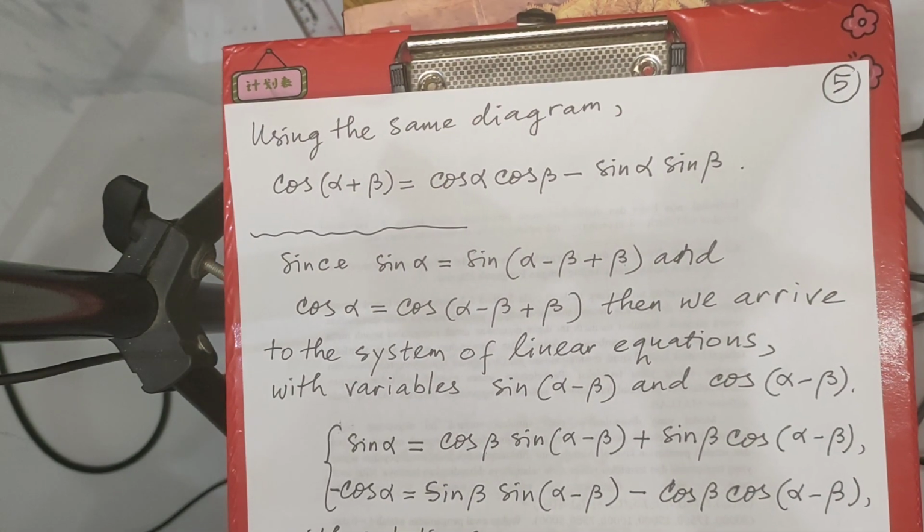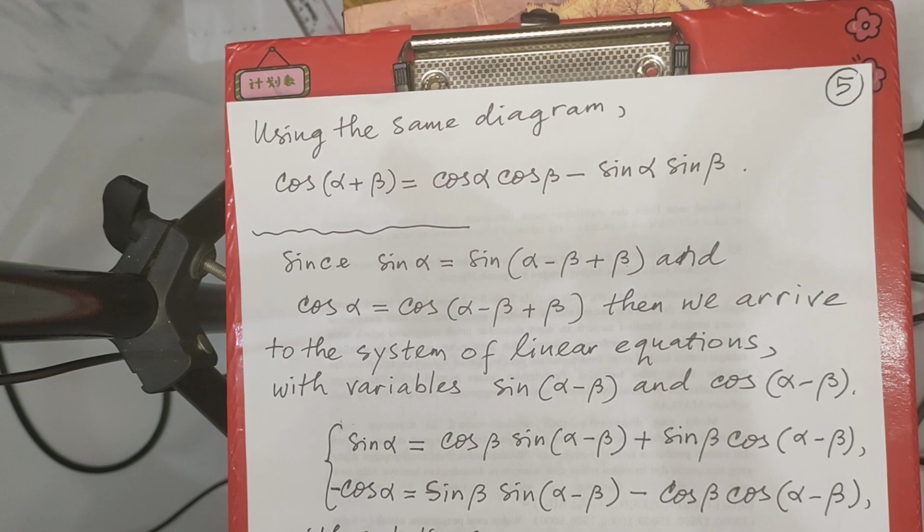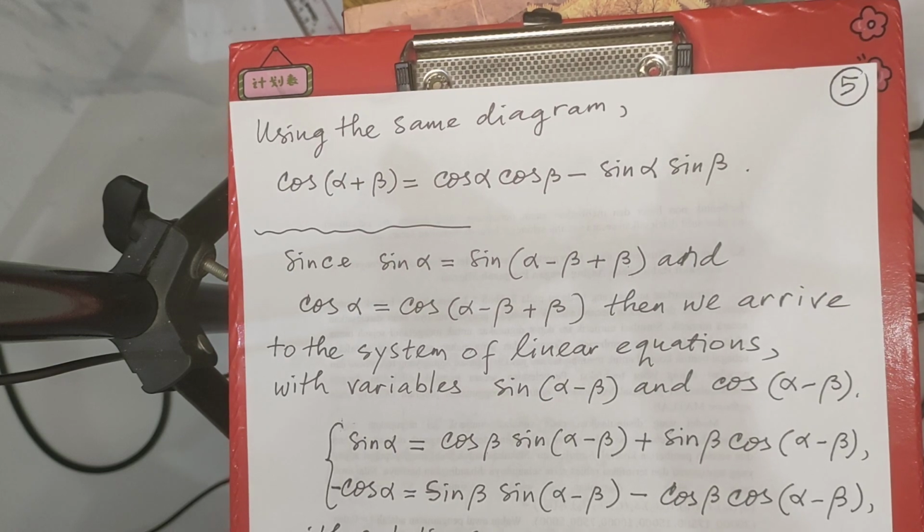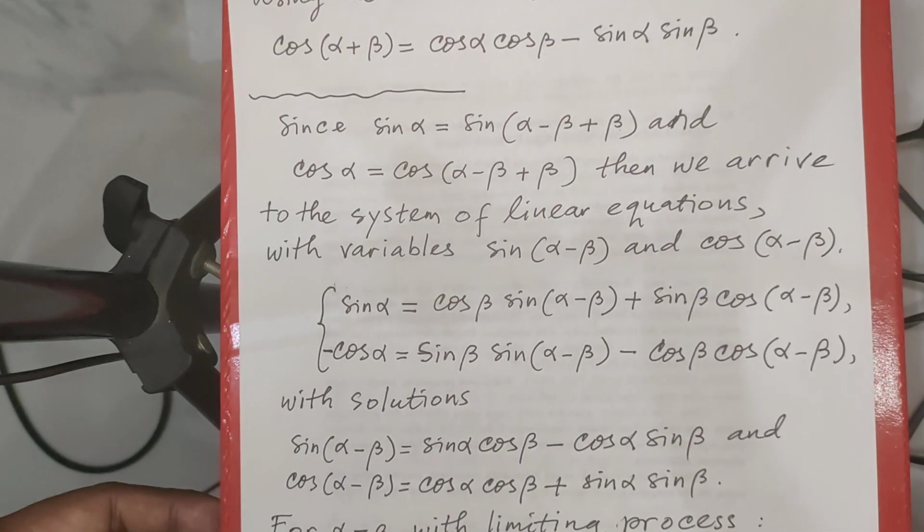using the same diagram, we can also consider cosine of alpha plus beta. Now, since sine alpha equals sine of alpha minus beta plus beta, and cos alpha equals cos of alpha minus beta plus beta, we arrive at a system of linear equations with variables sine alpha minus beta and cosine alpha minus beta.